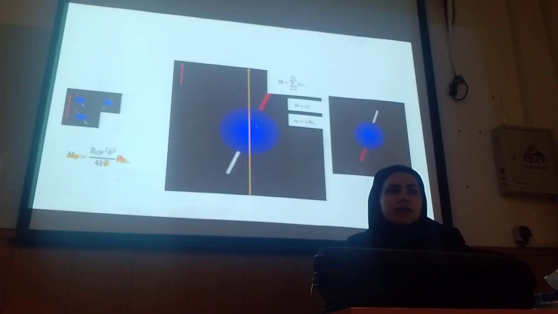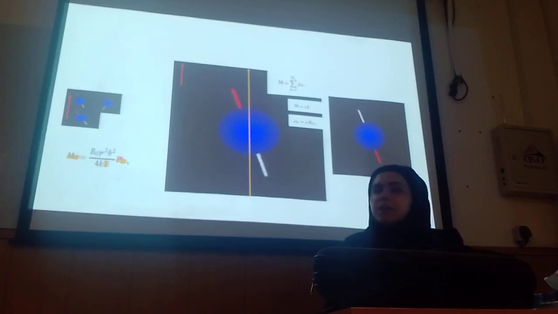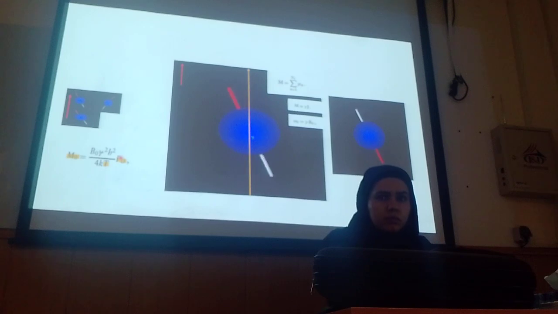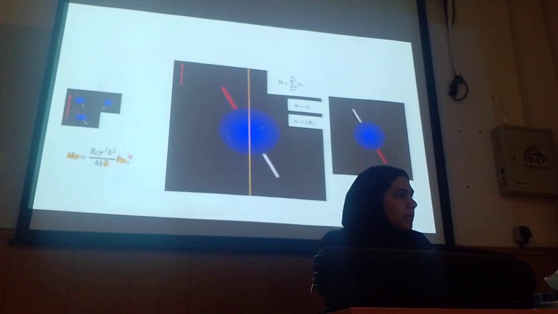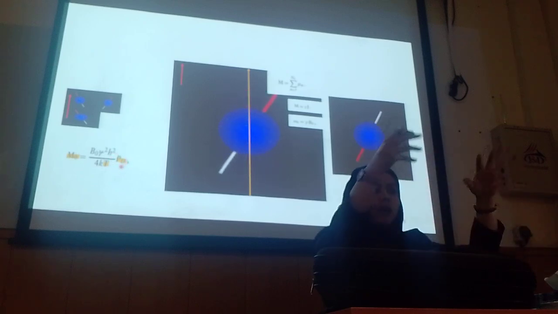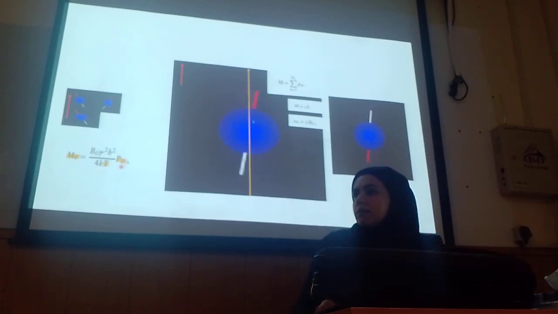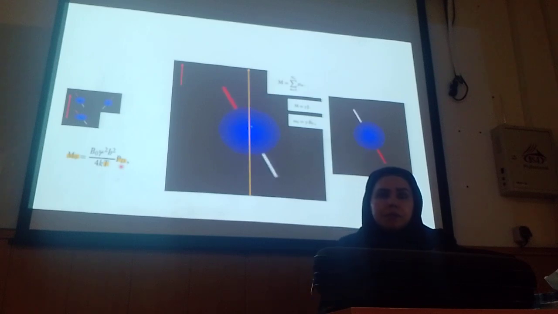As I told you, we can capture signal from the oscillating M. We can capture signal from the oscillating M0, as I told you. M0 is proportional to a parameter called proton density, the number of protons in a unit of volume.